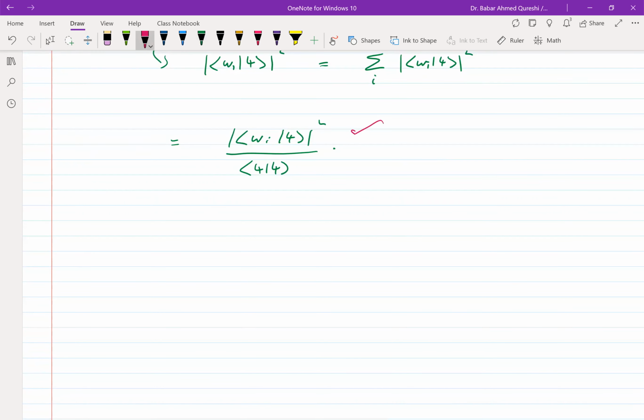So if you use this formula, you don't need to normalize psi, but you can normalize psi.